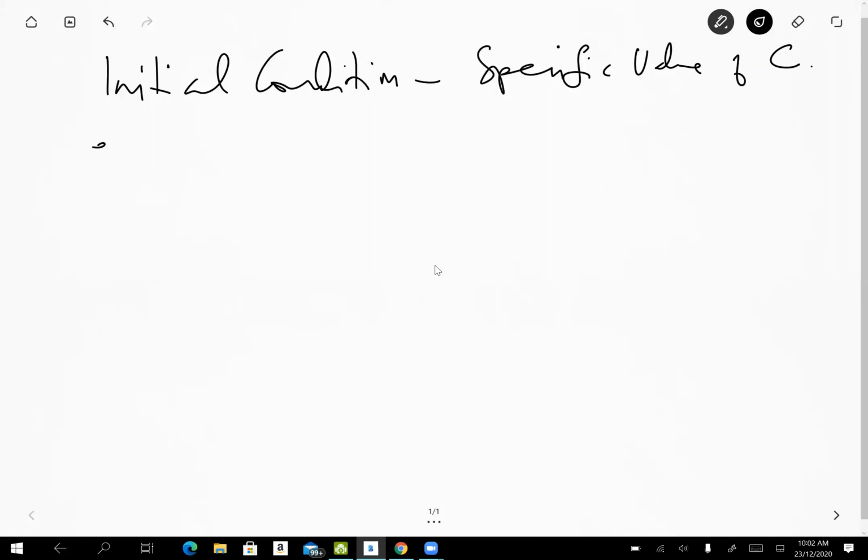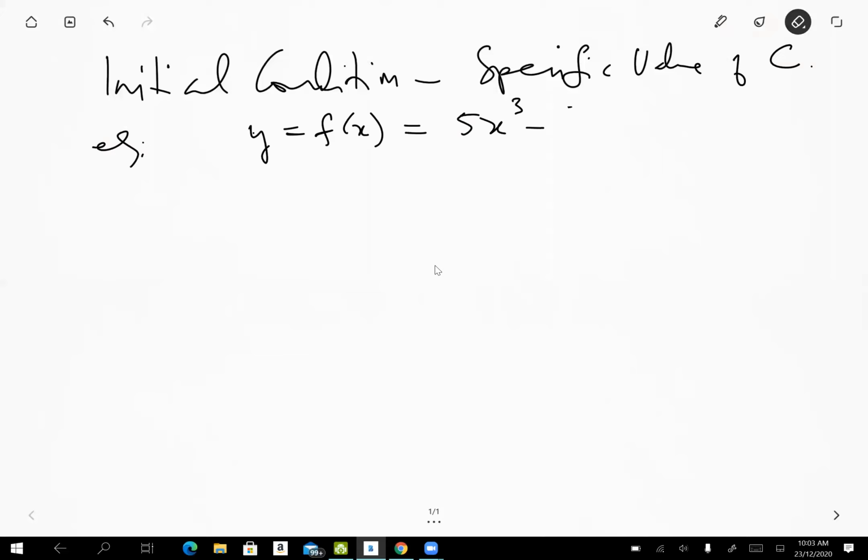Okay, we consider an example. Let's say we have a function y equal to f of x equal to 5x to the power of 3 minus 9. We already have 3, so we use another number. Now you want to find the integration of the function.